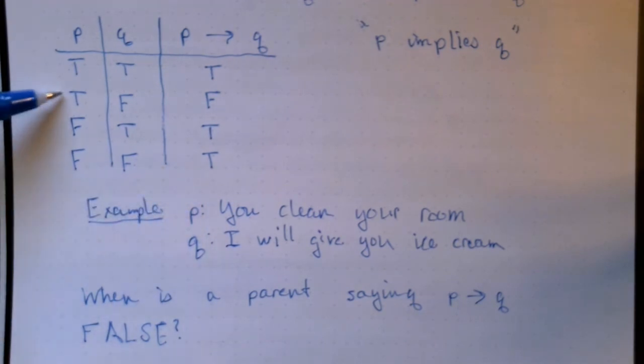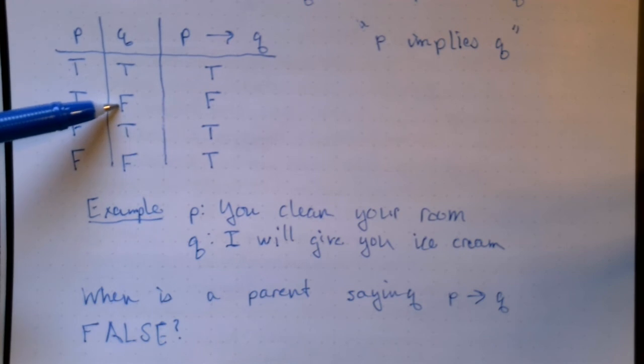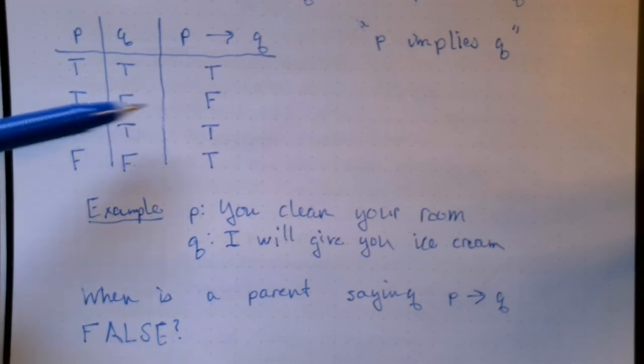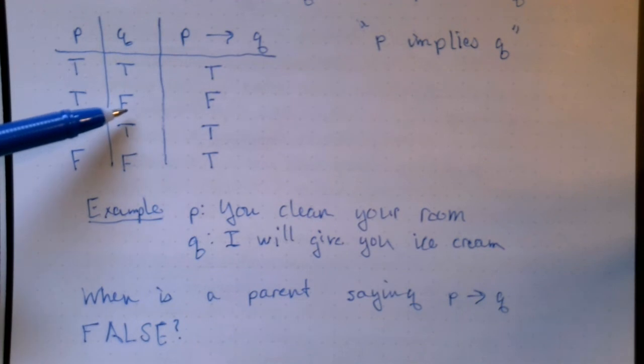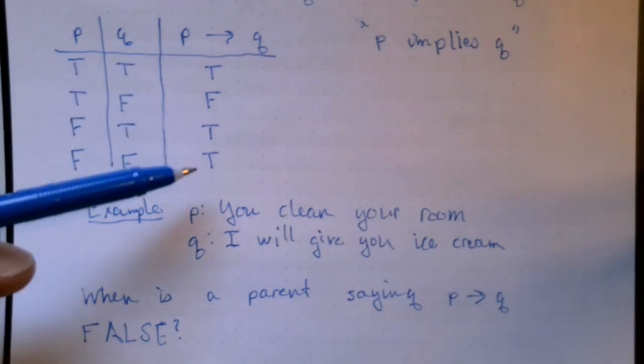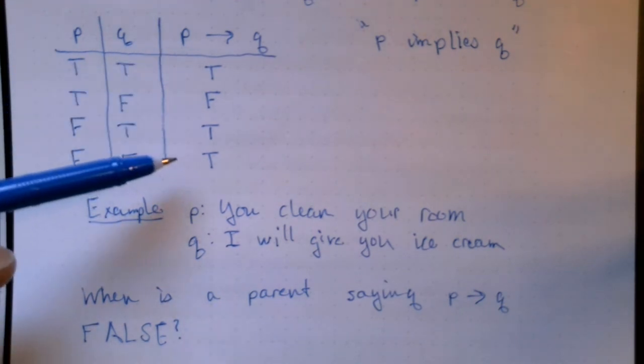So the only time you could say that the parent was lying to the kid is if the kid cleans the room and they don't get ice cream. So the only time the implication is false is when the starting statement, called the premise, is true, but the conclusion is false. Otherwise, the implication is true.